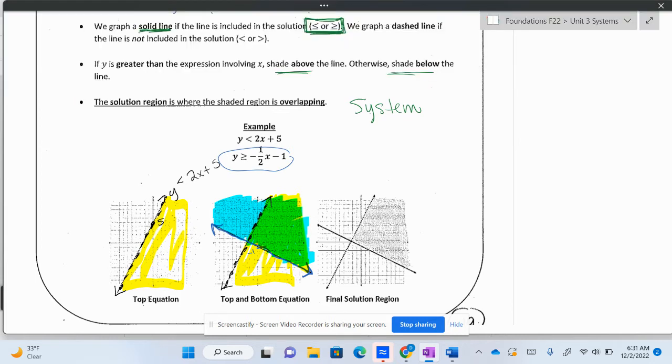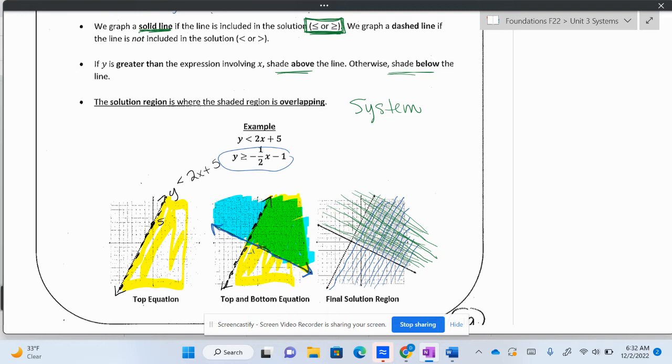Another way that you can do this, if you don't have access to crayons or markers or colored pencils: if this was my first solution area, the yellow region that I shaded, and this is my second solution area, the blue region that I shaded, notice the solution region for the system is the place where the two are cross-hatched.